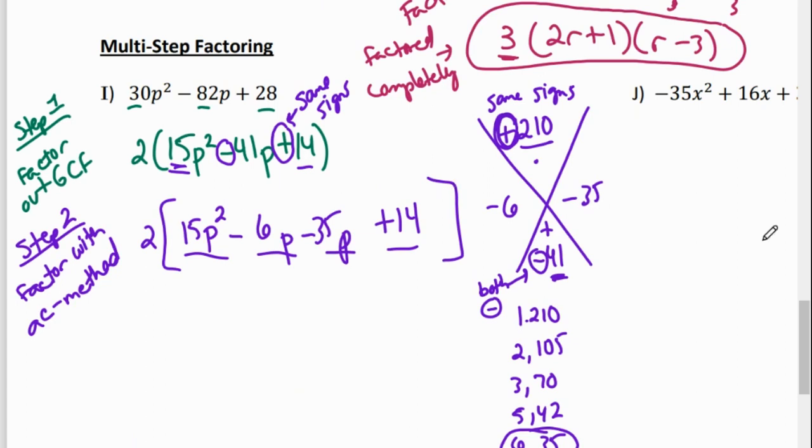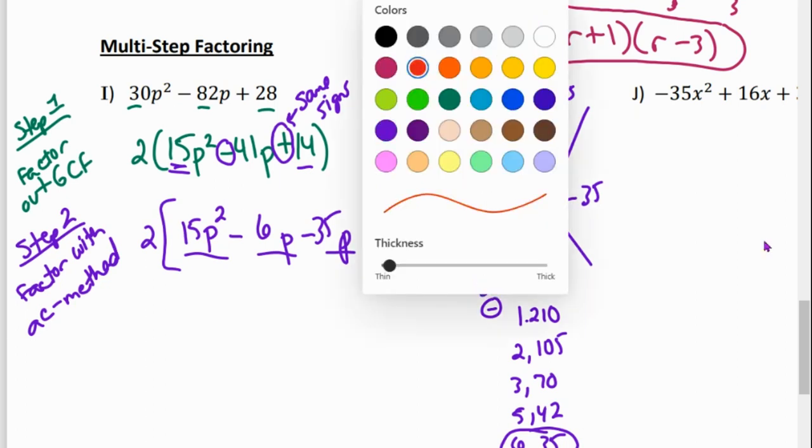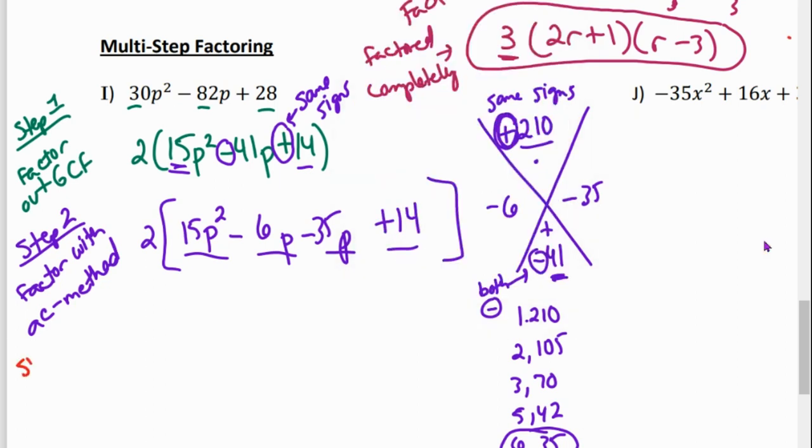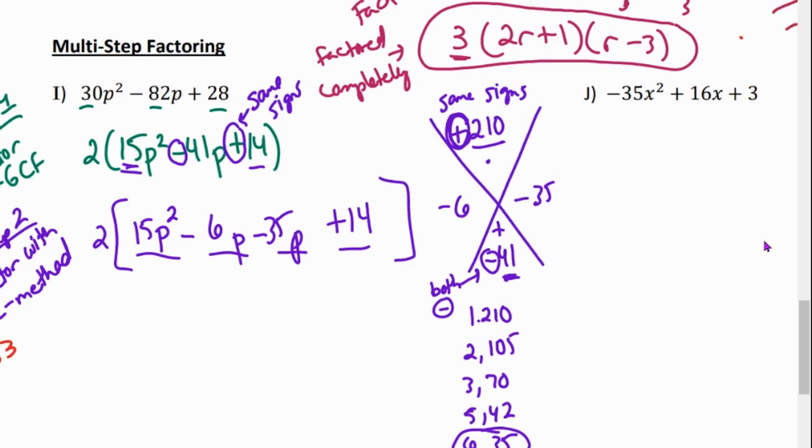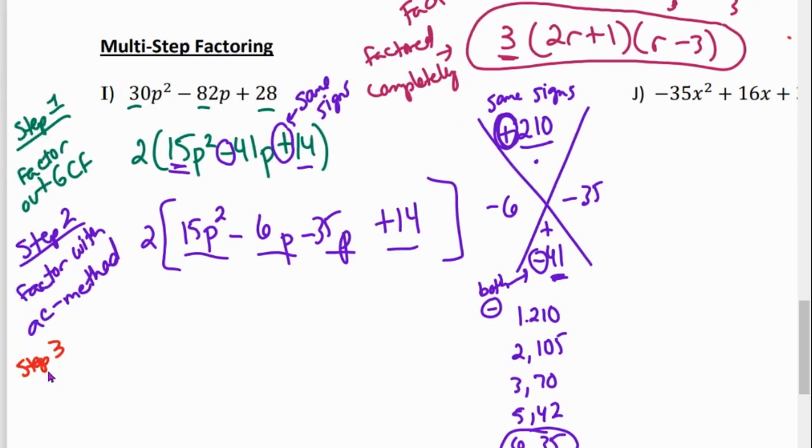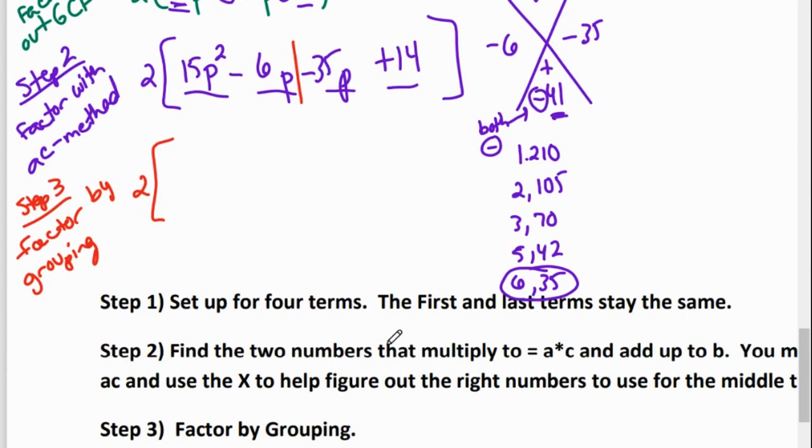Now factor by grouping. So again, that 2, just kind of ignore it. Keep it out front. Separate your first two terms from your second two terms.